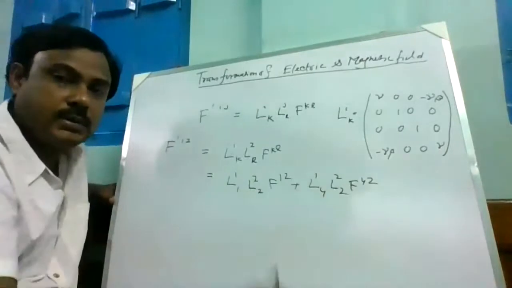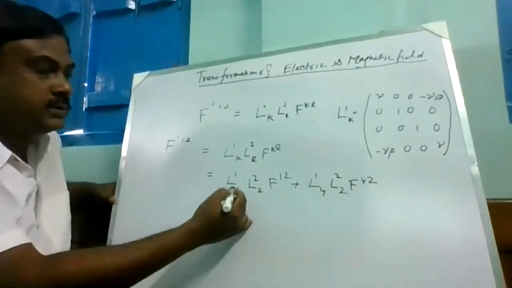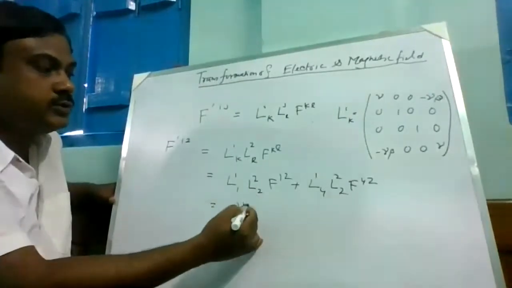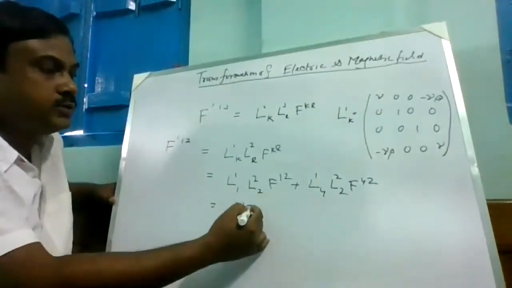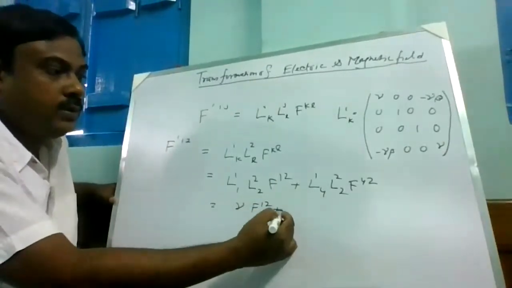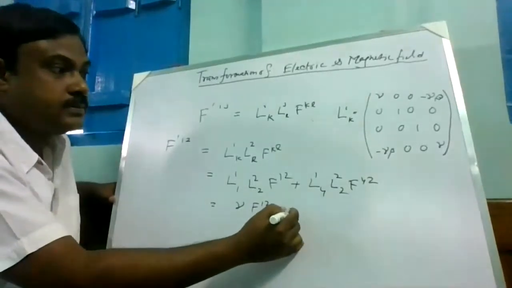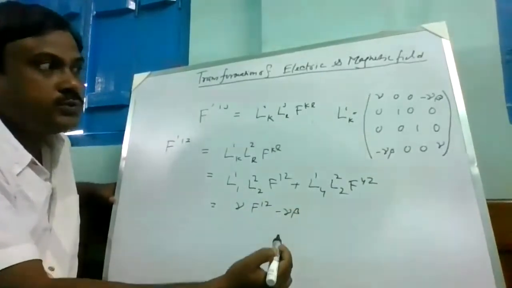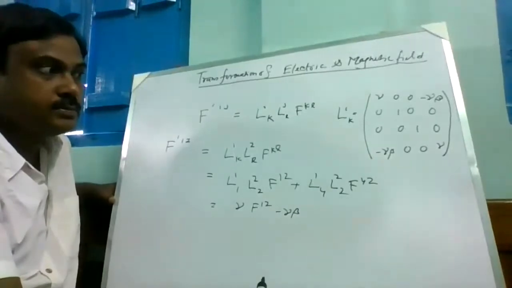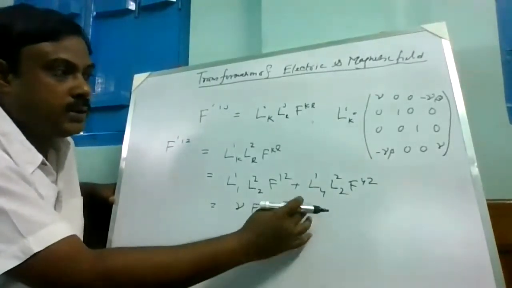These are the two terms. Now reading out these two terms: L11 is gamma, L22 equals 1, F12, plus L14, which is minus gamma beta. So I am putting here minus gamma beta, L22 is 1, F42.